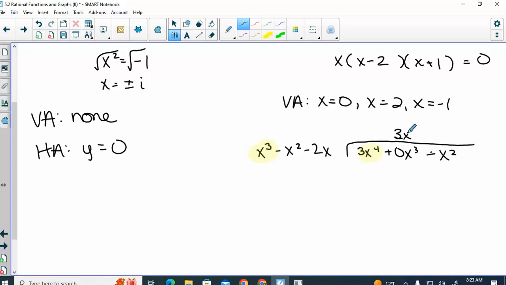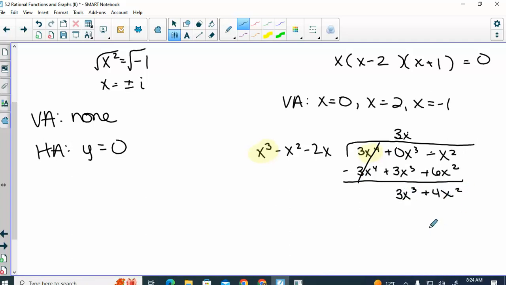Then we multiply. 3x times x cubed, minus 3x cubed minus 6x squared. Then what do we do? Distribute. Do the negative. Those drop. We have 3x cubed plus 4x squared.